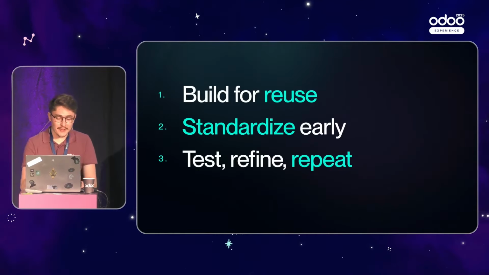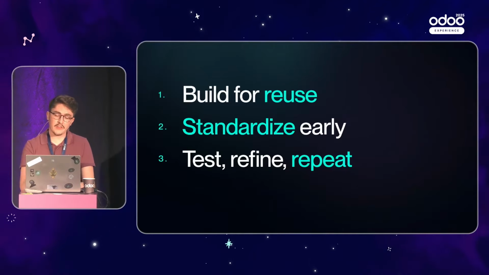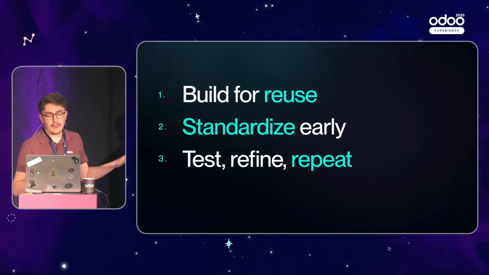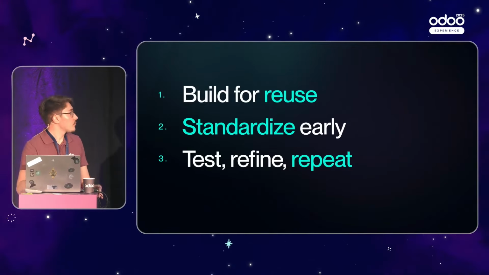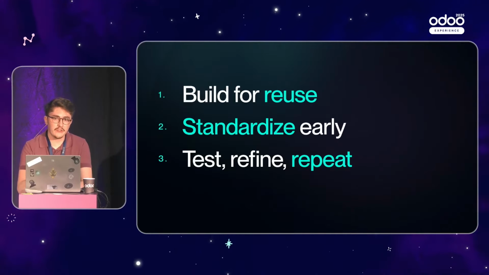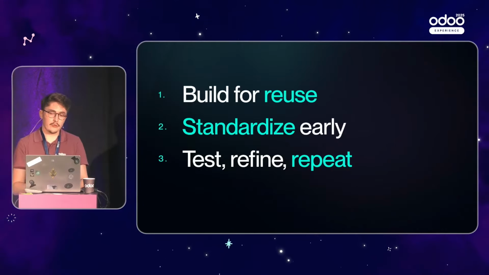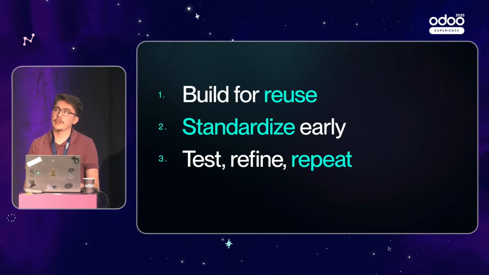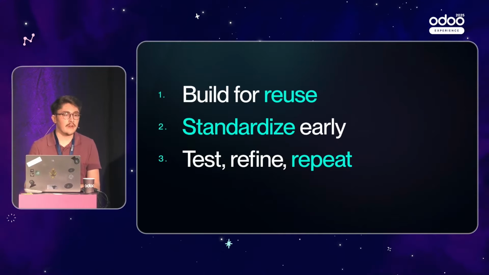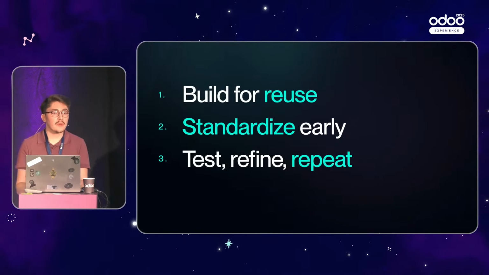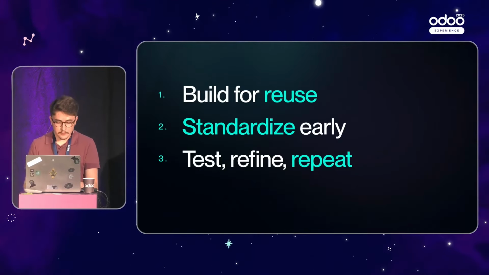So if you're still with me, these are 3 takeaways I would like you to remember at the end of this session. If you get this in your mind, basically you got the idea. Build for reuse. The idea is that you want to create components if you think that you will reuse them in the future. For example, let's say your client wants to create a model to validate an operation. This is a common pattern, so you might reuse it later, so you might want to create a component for that.